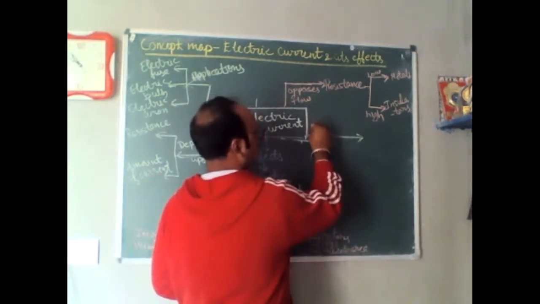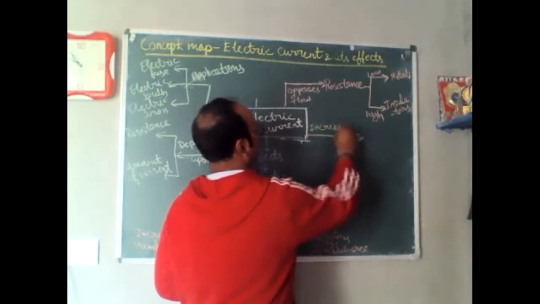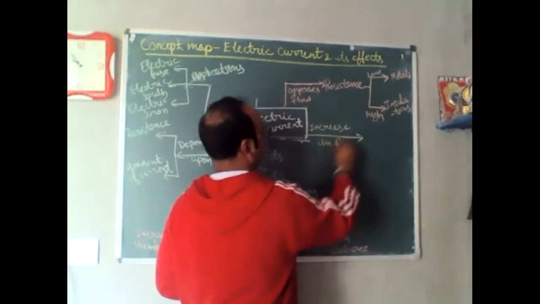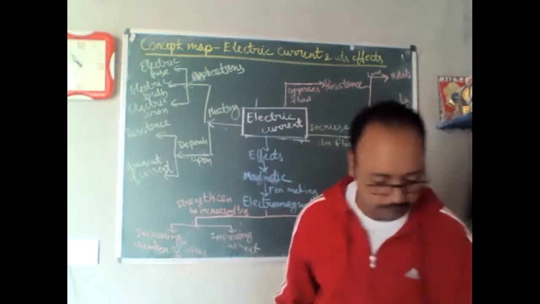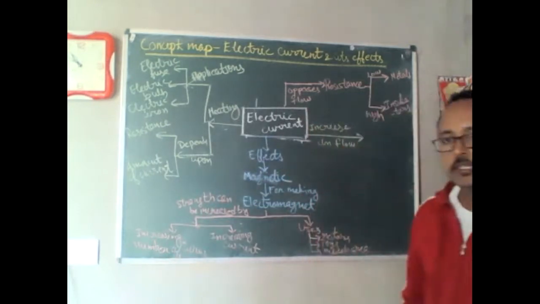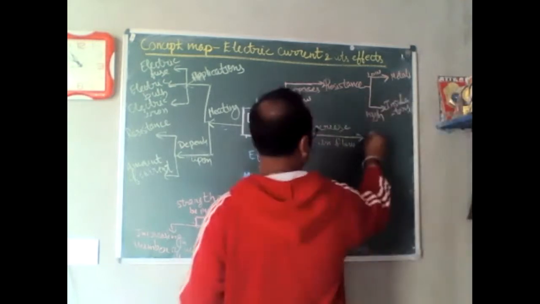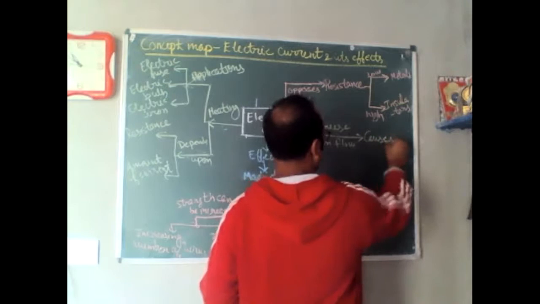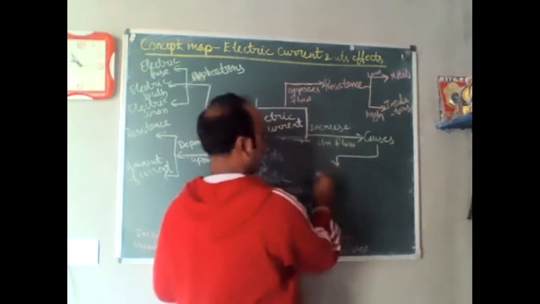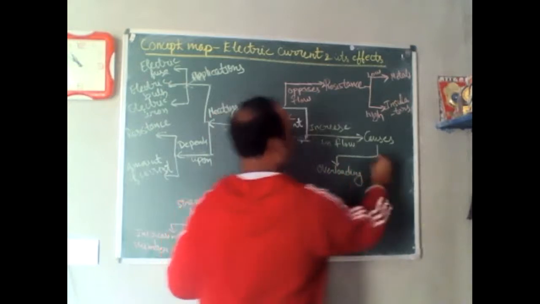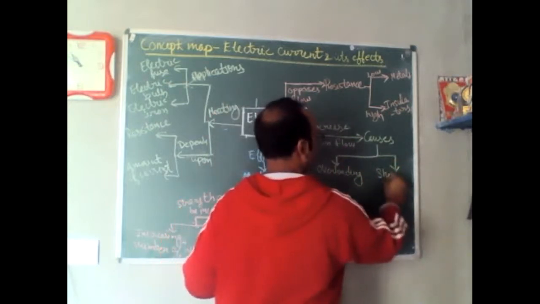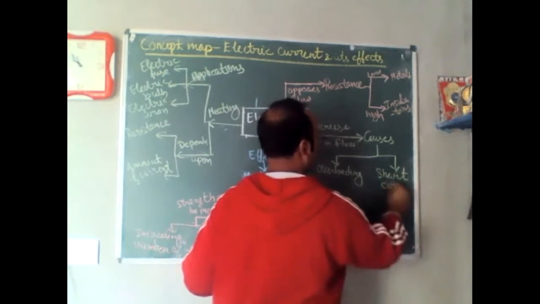So whenever the current exceeds its normal value and its amount increases, what can be the causes for this increase? That is overloading, which we have discussed, and another is short circuit.